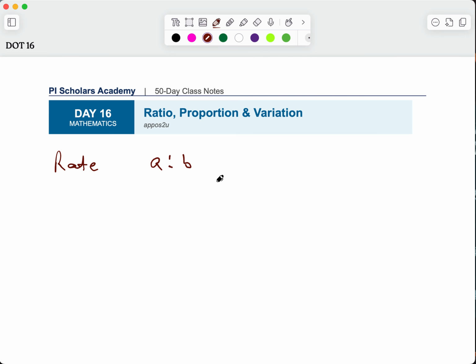This can extend to even three values, so you can have something like A ratio B ratio C. But when picking two things to find their ratio, we can also interpret A ratio B as a form of fraction.